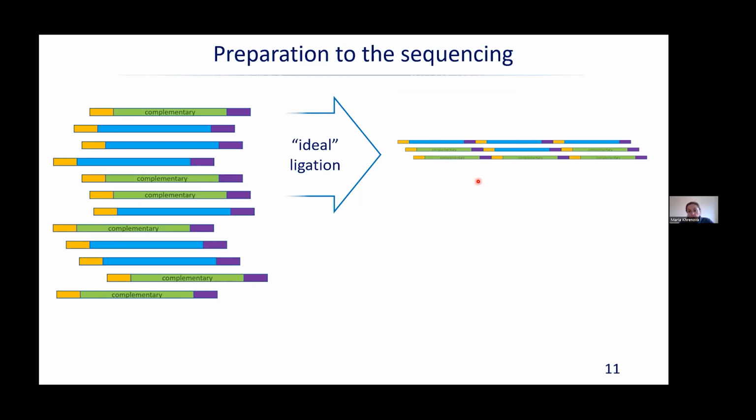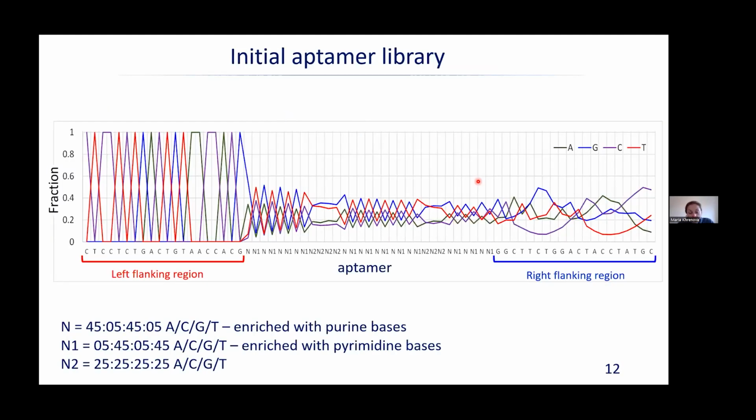And to check whether our ligation indeed resulted in this, we performed nanopore sequencing of the initial library. We wanted to find enrichment of either purine or pyrimidine bases at certain coordinates, and also equal contribution of all bases at certain coordinates.